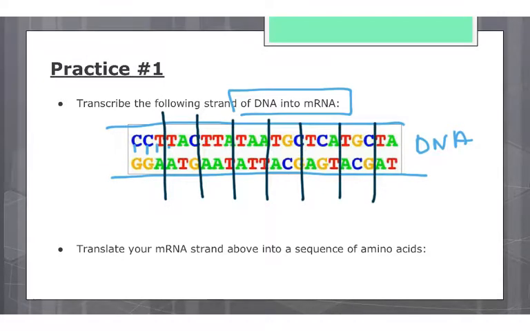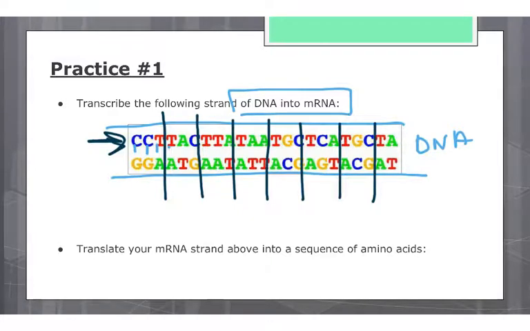Okay, when we look at coding these, we want to take the DNA into mRNA. And we know mRNA is single-stranded. So looking at this, we are always going to go to the original DNA strand, which is this top one.